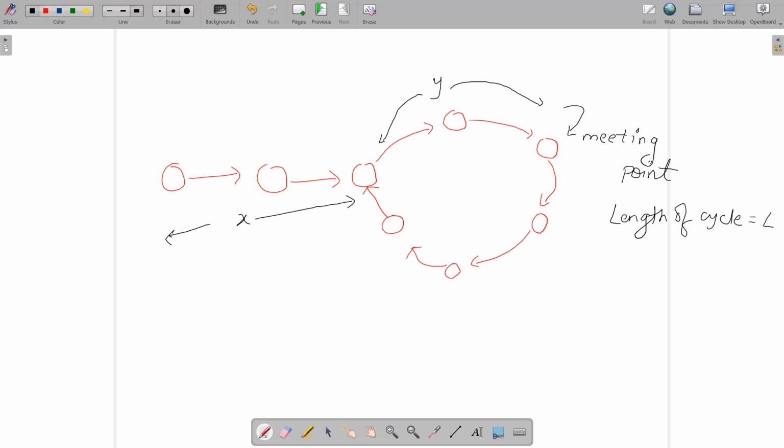Now, can you derive some mathematical relation between these variables?